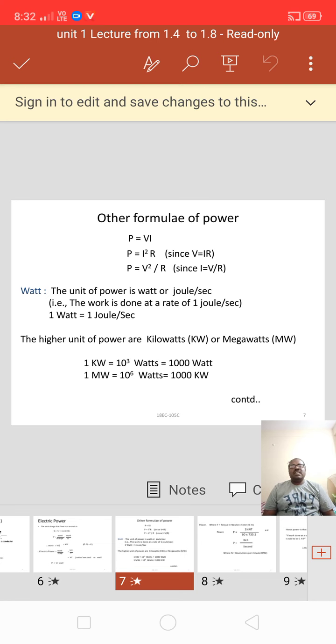So, the procedure regarding the formula for power is correct. We can judge like that also.